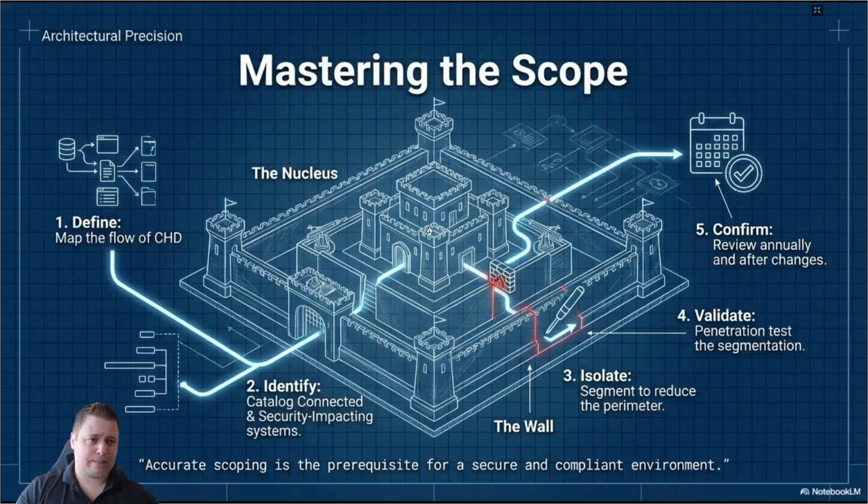Mastering the scope. You define the scope, you identify the scope, you isolate the scope, you validate the scope, and then you confirm. So you map the flow of the cardholder data. You define it. What's connected to it? Your cardholder data environment includes anything and everything that touches it or has access to credit card data.